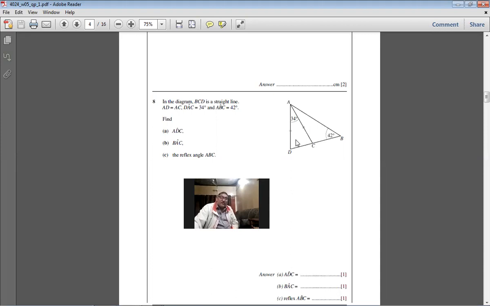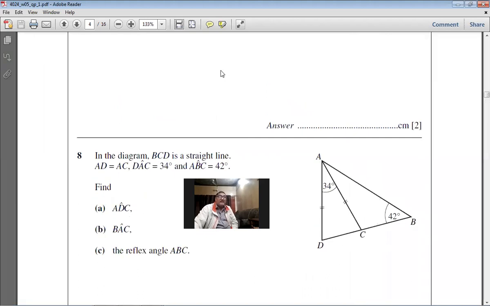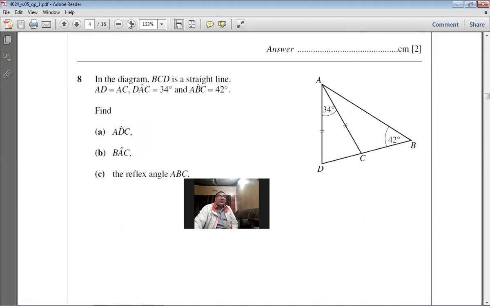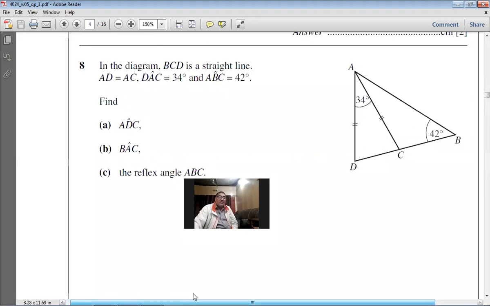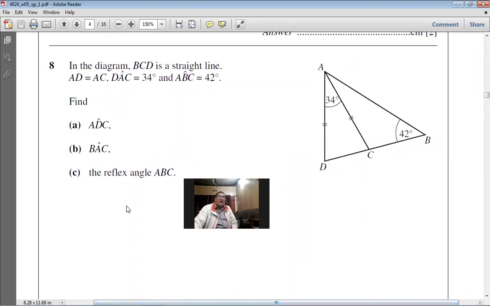So they want me to find out this angle, ADC. This is that angle. If you look at this ADC triangle, it is an isosceles triangle. So both the angles at D and C will be equal.